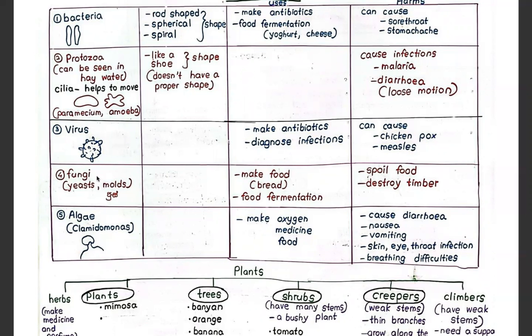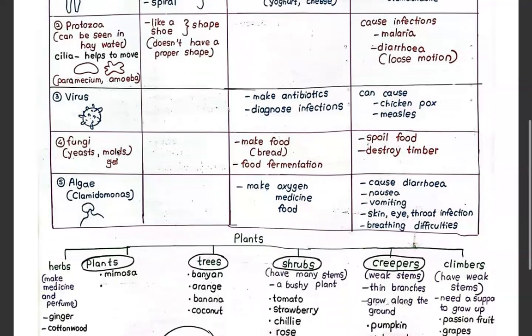Let's have a look at fungi. We have two different types of fungi, that is yeast and molds. What are the uses of fungi? We can make food such as bread using fungi.